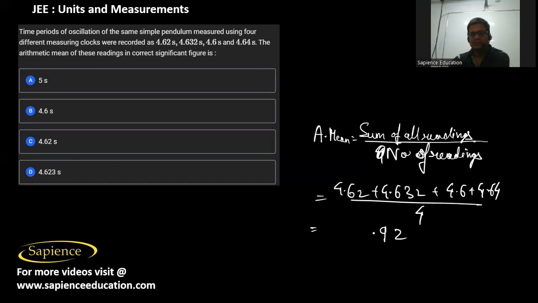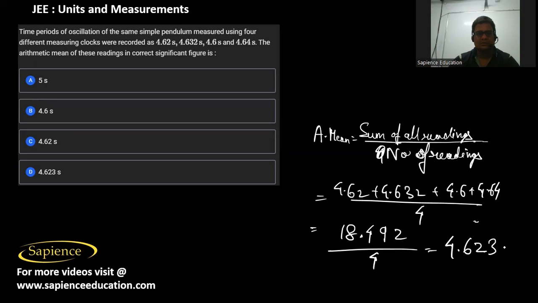Then 6, 4 is 24. Then 4, 4 is 16, 16 plus 2, it is 18, so 18.492 by 4. So it is 4, 4 is 16. Then 24, 4, 6 is 24. 4, 2 is 8. 4, 3 is 12. So it is 4.623 seconds.